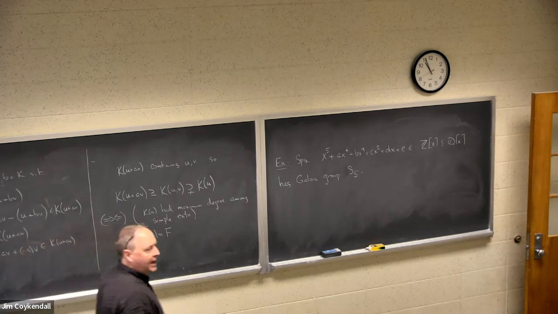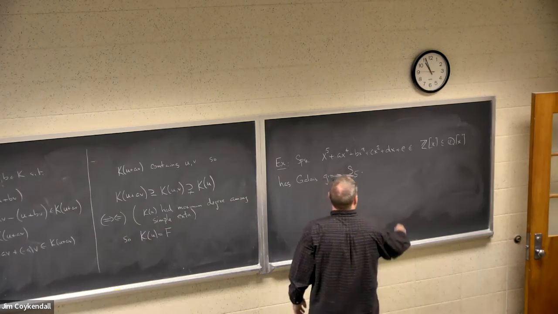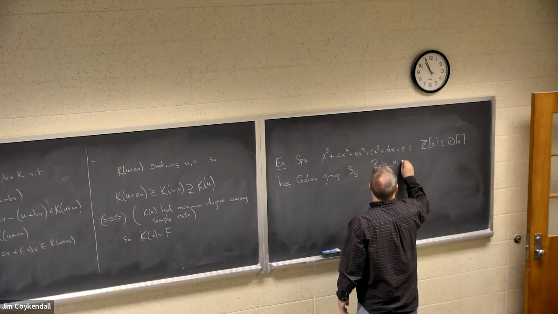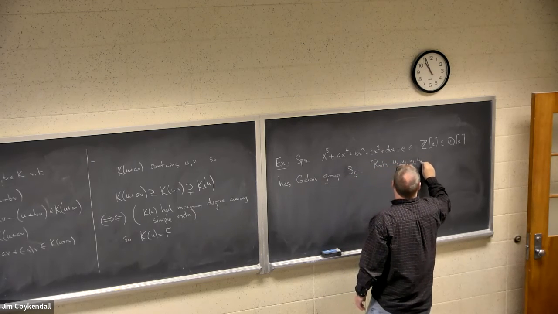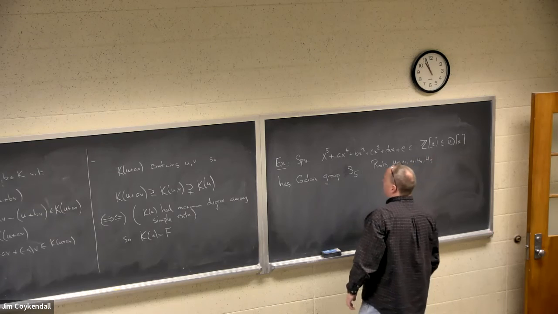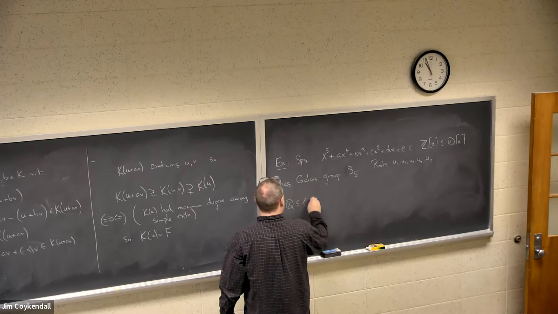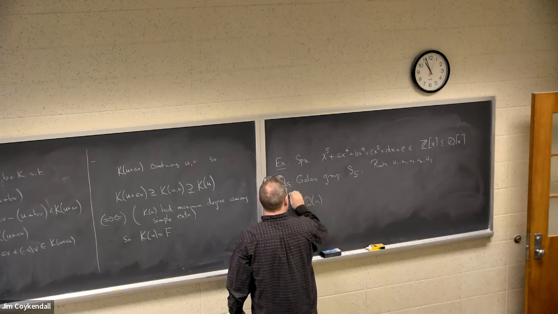Then what actually has to happen is the splitting field is obtained by this. Let's say the roots are u1, u2, u3, u4, and u5. Then you obtain a splitting field this way. And this degree here is 5.